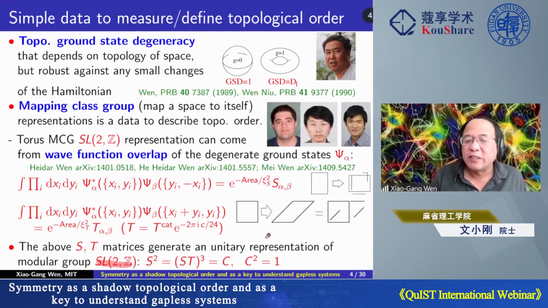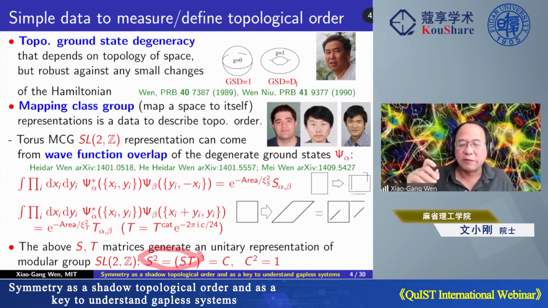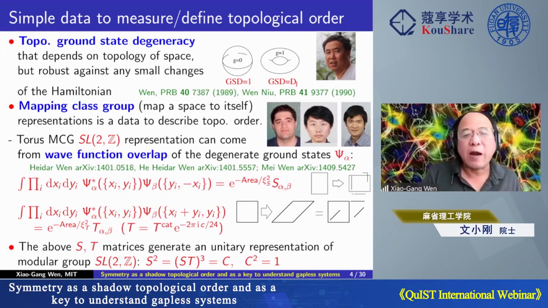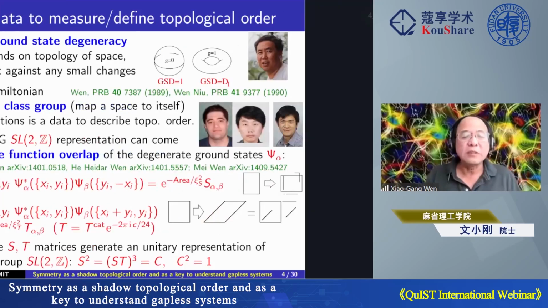Actually, this 90-degree rotation and this Dehn twist generate the SL2Z group. Then naturally, these overlaps form a representation of this SL2Z group. So these S and T matrices are very useful and simple data to characterize a two-dimensional topological order. So this is something we can put a hand on. Yeah, it's very practical.